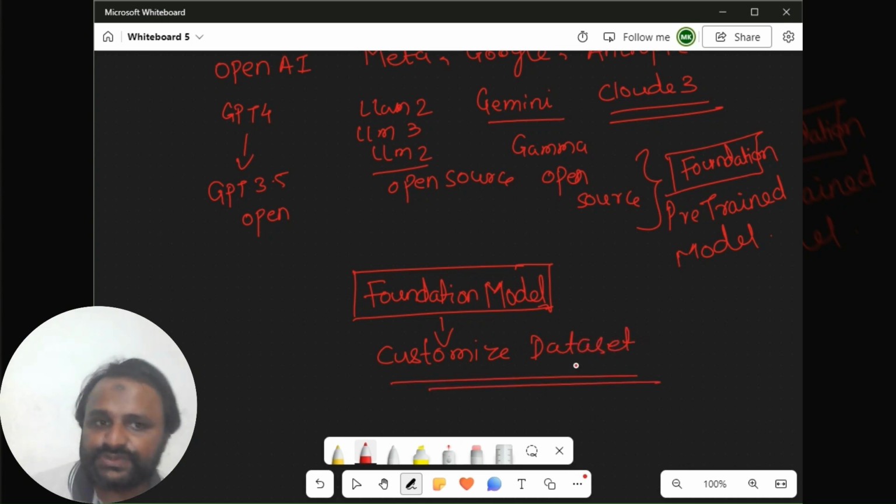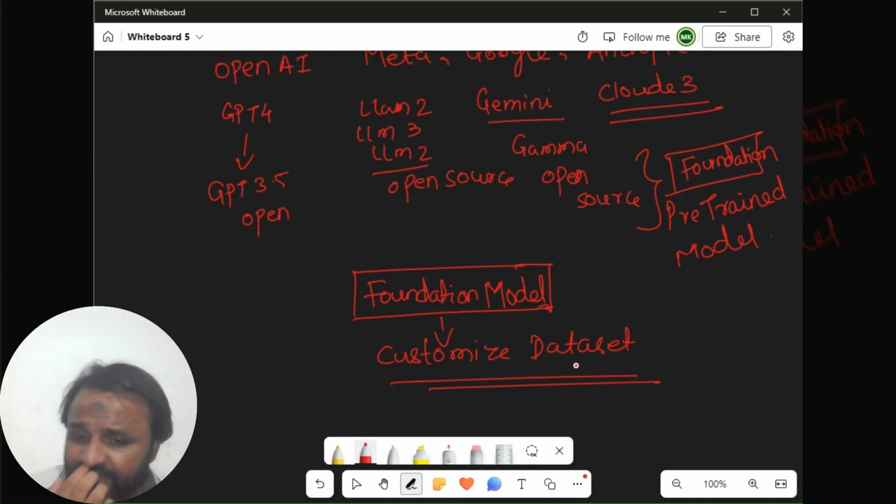So companies are using these foundation models. But fine tuning is important. I'm going to soon create one video about the fine tuning concept. So fine tuning is coming into the picture. Very soon I'm going to speak about that.